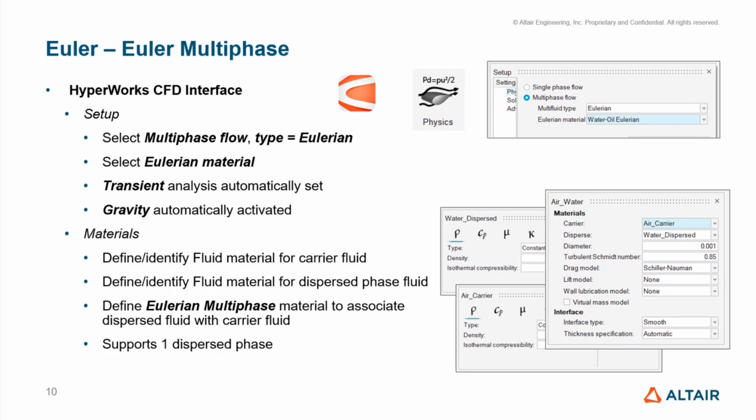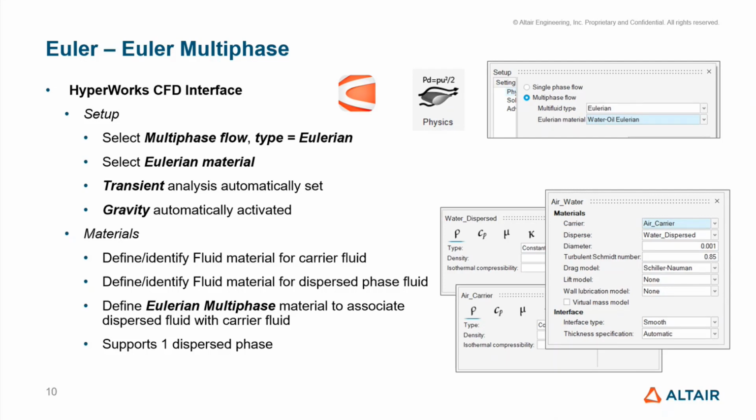With the selection of multi-phase flow, the simulation type is automatically set to transient, and gravity is automatically activated, again, in order to check the direction of the gravity. In the materials database, users can create new fluid materials if necessary, and create a new Eulerian multi-phase model to, again, associate the carrier and the dispersed field if the default is not sufficient.